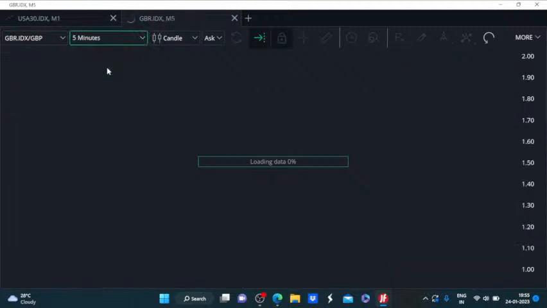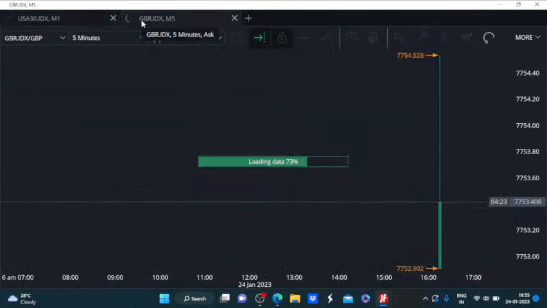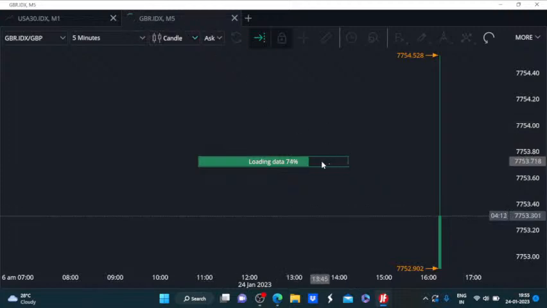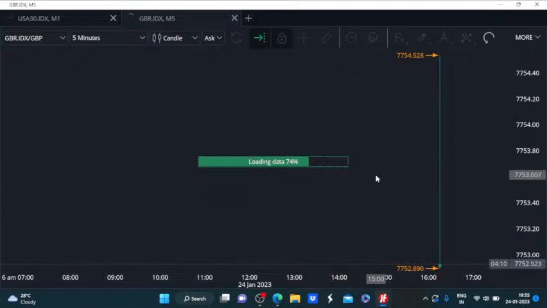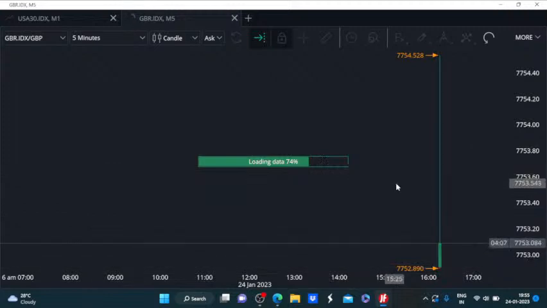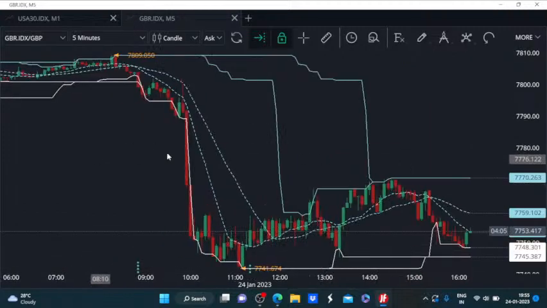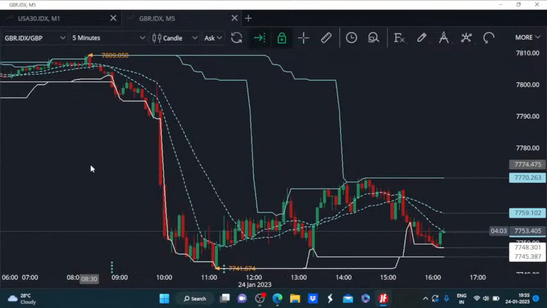Let me change the candle period to 5 minutes and see if it loads faster or not. Alright, 70% there. Oh, again back to 0%. I don't know what's happening. Alright, back to 73%. Let's hope that it becomes 100% in a couple of seconds, as I don't want to take much time. Alright, we got it.